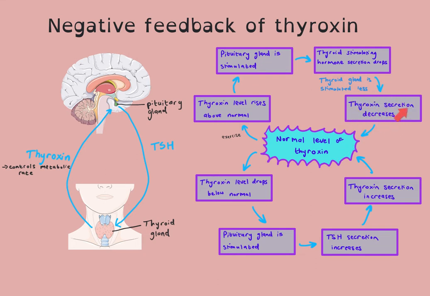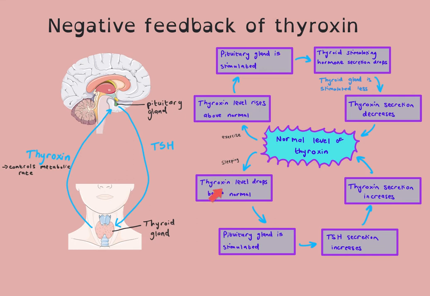Now, if, for example, you are sleeping, that will make your metabolism drop. During sleep, your metabolism will need to drop and your thyroxin level will drop below normal. But now let's say you want to wake up and go about your day.